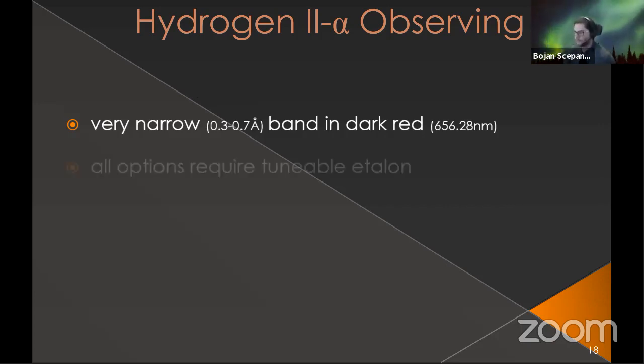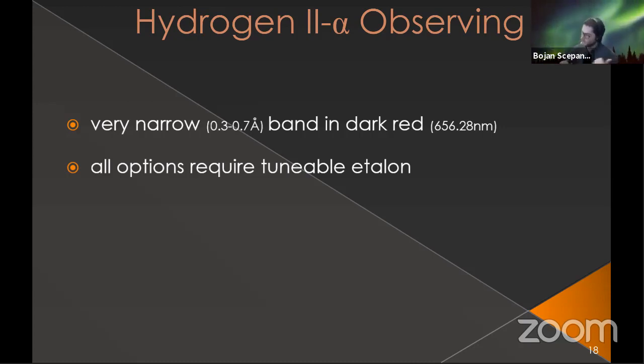These options all require a tunable Etalon, and I won't go into great detail about that, but in short, the sun is rotating. The prominences on the sun are moving either directly at us or slightly off center from us or to the left. On top of that, the Earth is moving, and through that process, we actually get something called Doppler shifting.